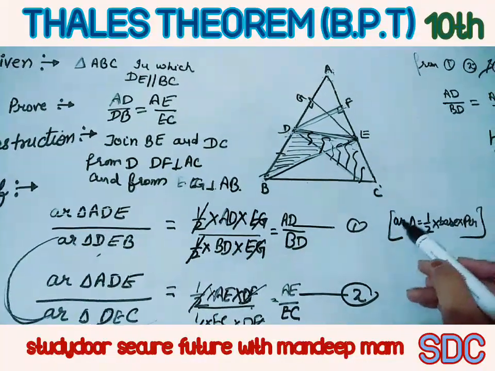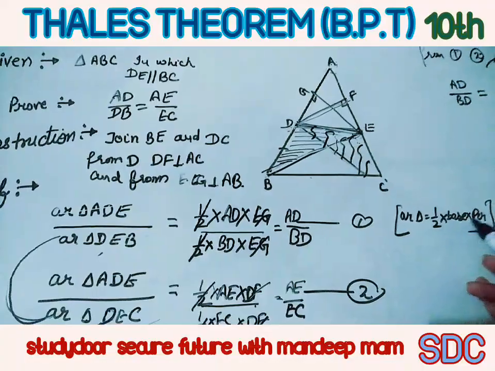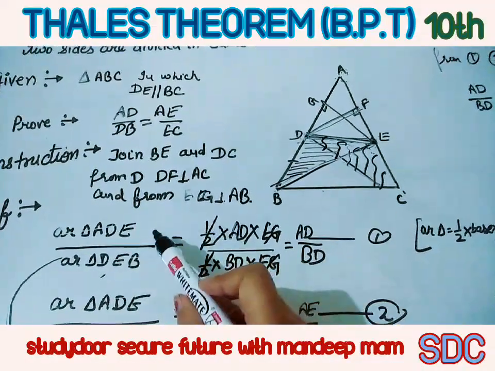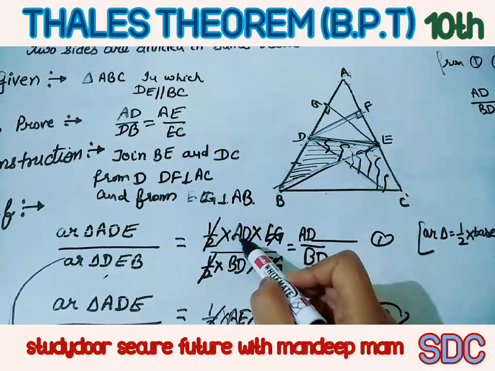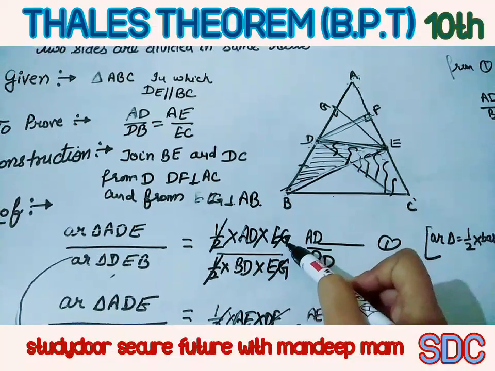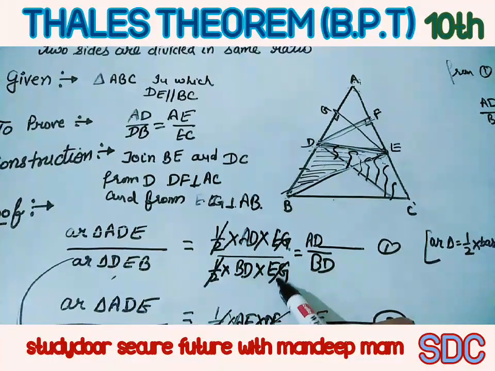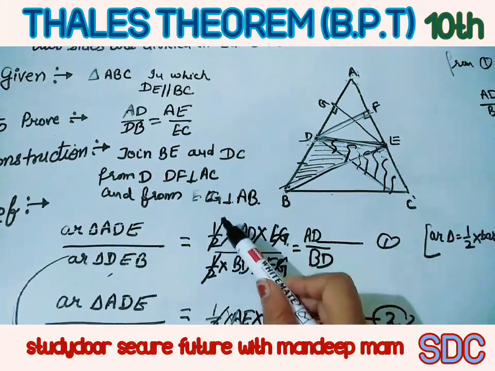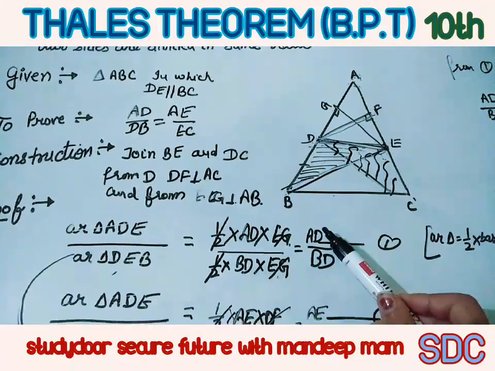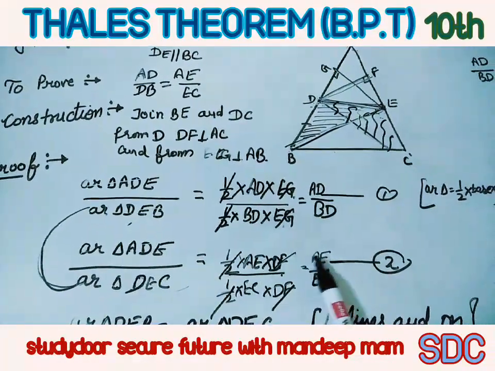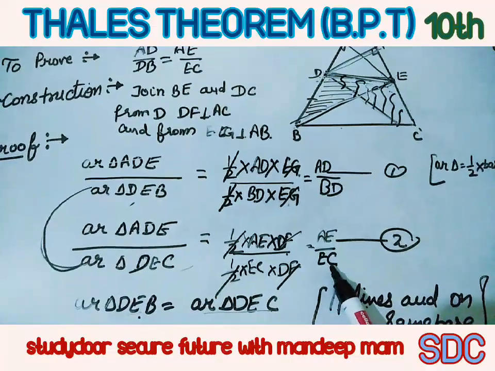We know the area of triangle ADE is 1 by 2 base into perpendicular. So area of triangle ADE is equal to 1 by 2, its base is AD and perpendicular is EG. Now in DEB, its base is BD and perpendicular is EG. So we will cut it. Our remaining part is AD by BD. Similarly, we can do in this triangle. Our remaining part is AE by EC.